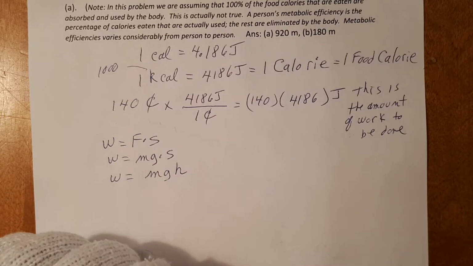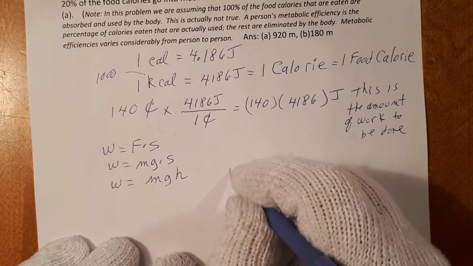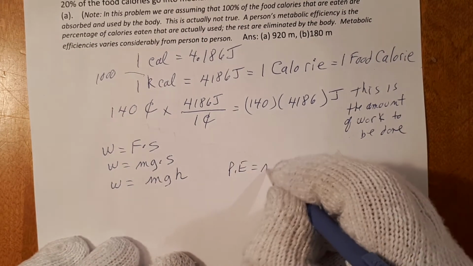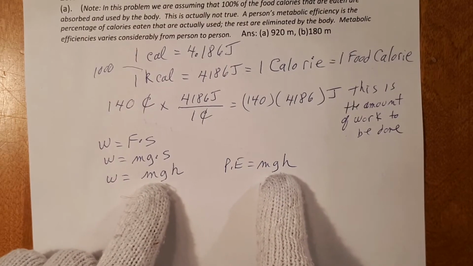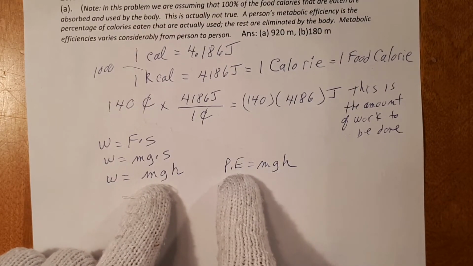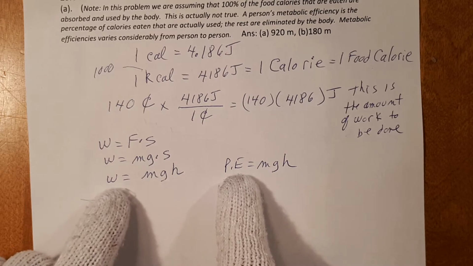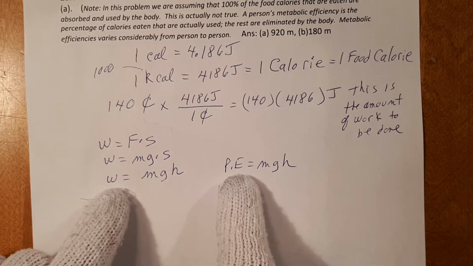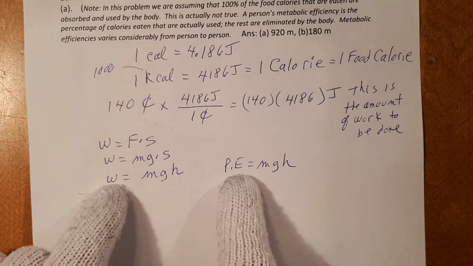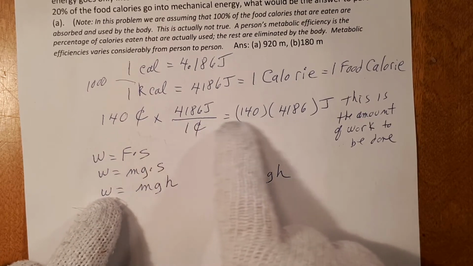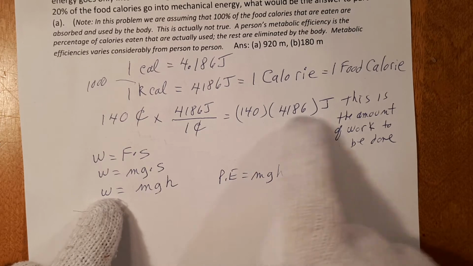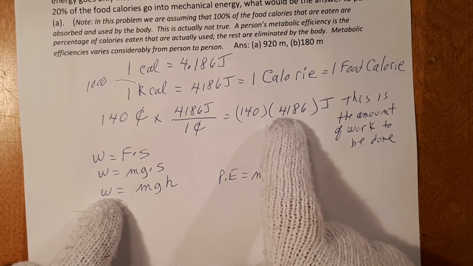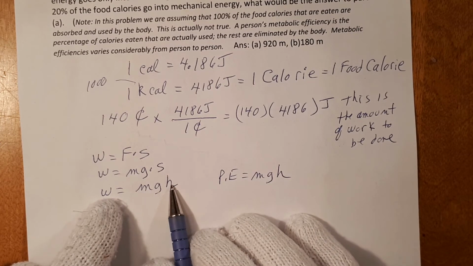Potential energy is equal to mgh. And you'll notice you arrive at the same answer. Question is, how much potential energy does he have? So that's why I used the term work, because we needed to derive this from the energy here. So the work that has to be done is this much. Now we just need to calculate h.